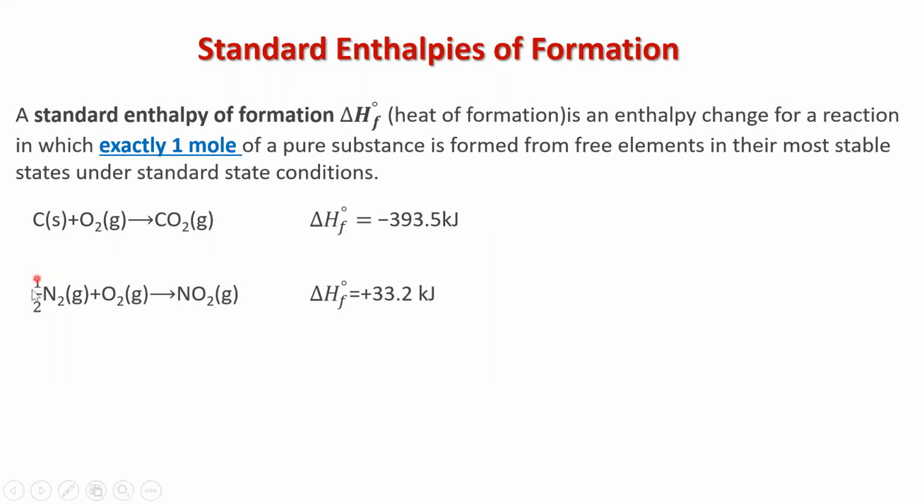This would really be balanced with a 1, a 2, and a 2, but then this number here isn't a 1, and it has to be a 1. So we just divide everything by 2. That's why this equation looks the way it does. The compound that we're forming from its elements always has to be in terms of 1 mole. And for every mole of nitrogen dioxide that's formed from its elements, 33.2 kilojoules of energy have to be absorbed.